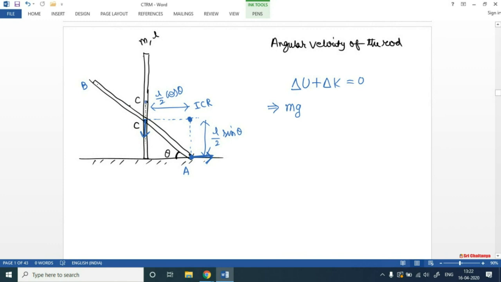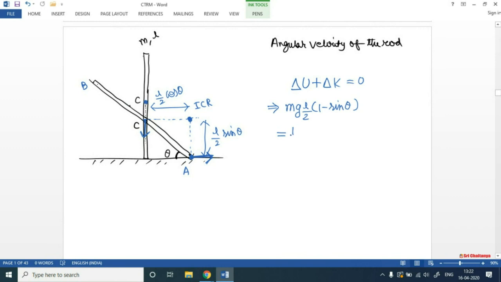Previously the center of gravity was at L by 2 height from the ground, and now it is at L by 2 sine theta height from the ground. So that would be mg L by 2 into 1 minus sine theta, the decrease in potential energy, and that will be equal to the increase in kinetic energy.